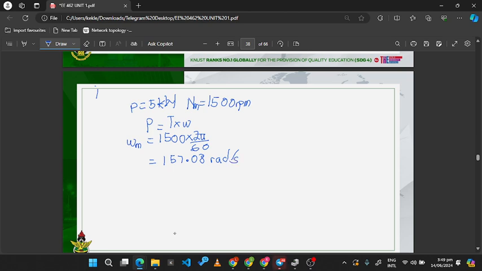So if we want to calculate the torque, it would be the power divided by the speed, given by 5 kilowatts over 157.08, and that gives us 31.83 Newton meters.